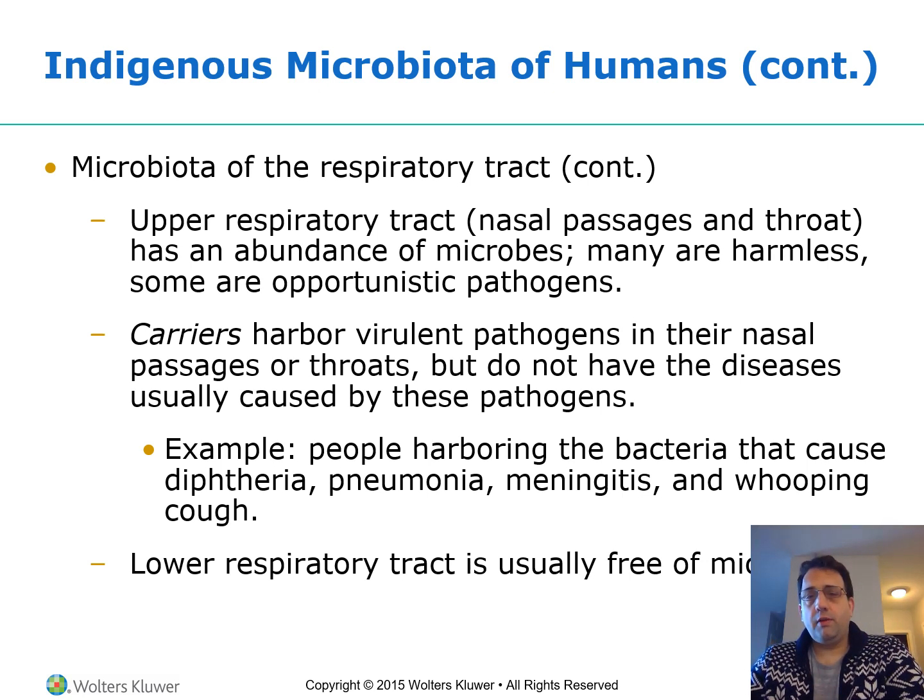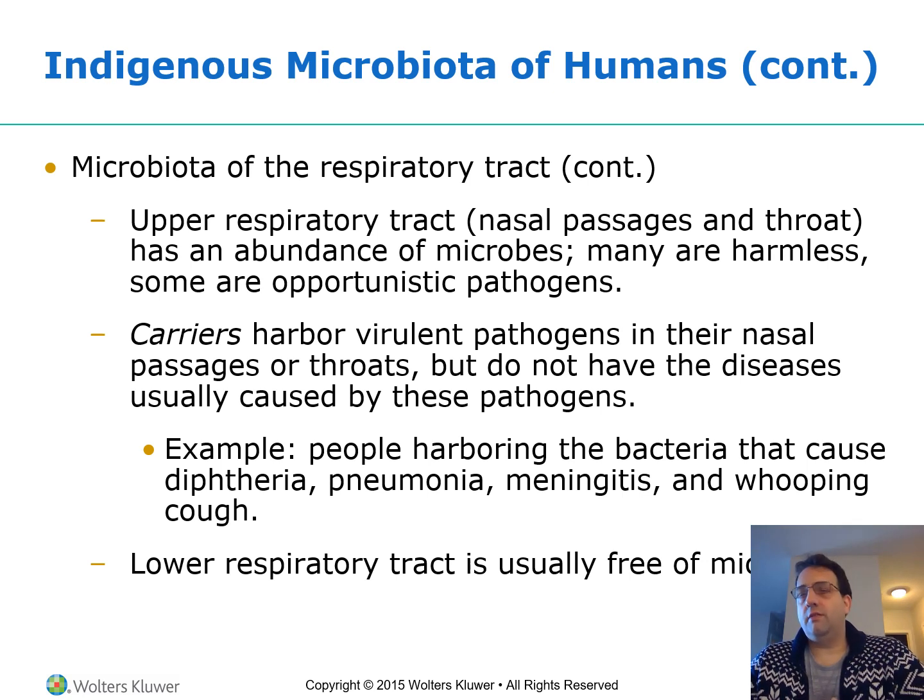Carriers are people who have a virulent pathogen somewhere in their body, usually in their mouth or nose or in their throat, and they don't have the disease, but because they're carrying the microbe that causes it, they can spread it to other people. A number of diseases, diphtheria, pneumonia, meningitis, whooping cough, these are all things that you can have the microbe that causes the disease, but if your immune system is strong enough, you won't get the disease.